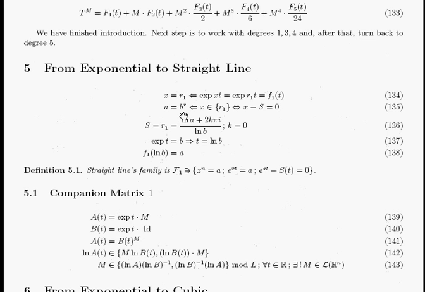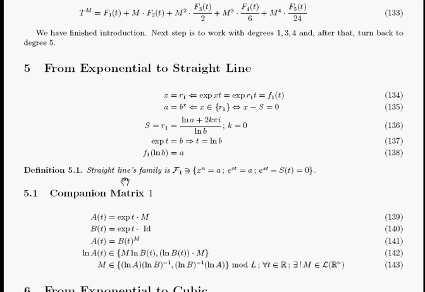A is b powered to x, x is r1, x minus the sum is equal to 0. So the sum is r1, and r1 is the logarithm of a over the logarithm of b. K is equal to 0, the branch of the logarithm. So the exponential of t is b, and t is the logarithm of b. The f of the logarithm of b is a, and everything is equivalent.